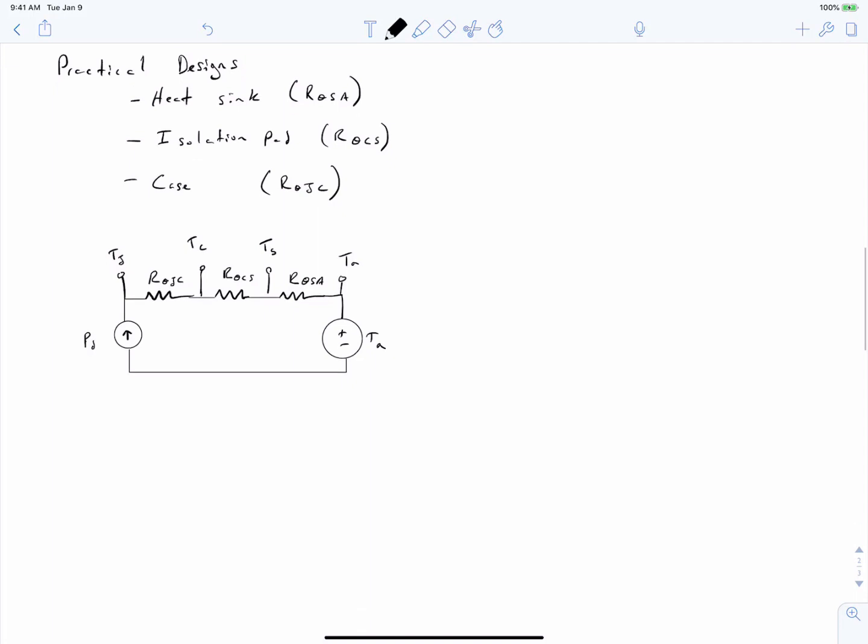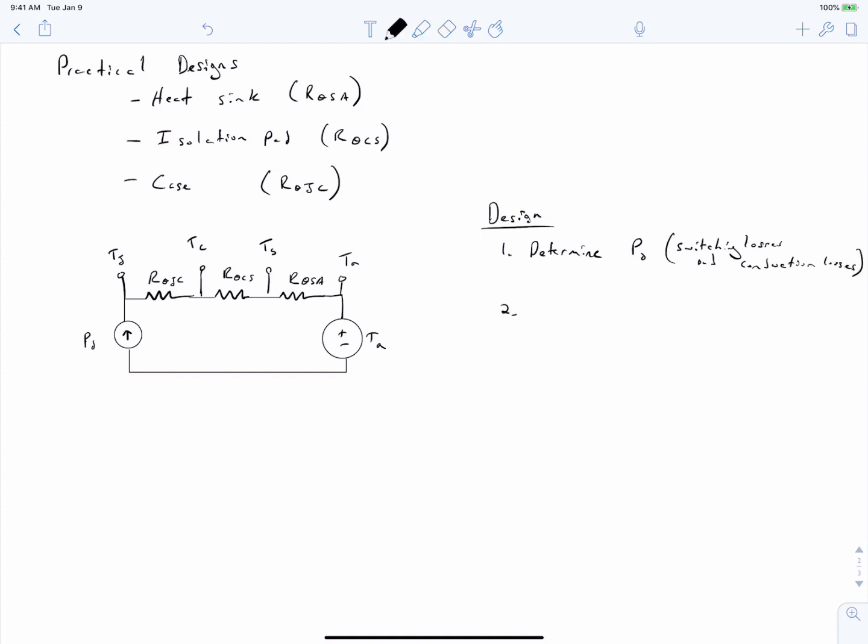And when you're thinking about this from a design perspective, you perform the following steps. First, you've selected your device already, and so you inspect the datasheet, and you make a calculation for the total power that's going to be dissipated in the junction. And this is going to be the sum of switching losses and conduction losses.